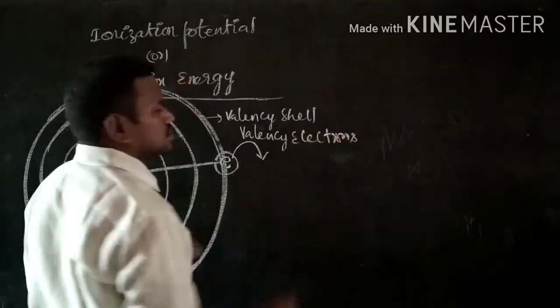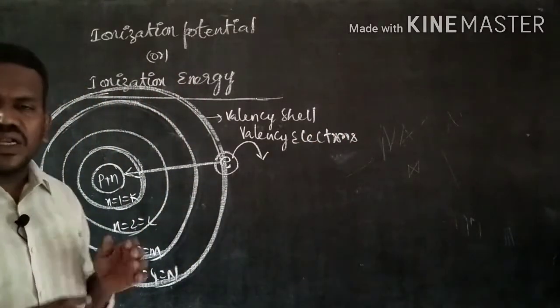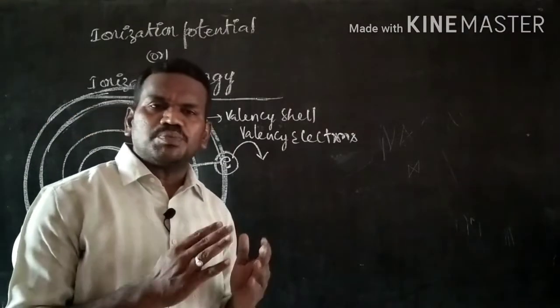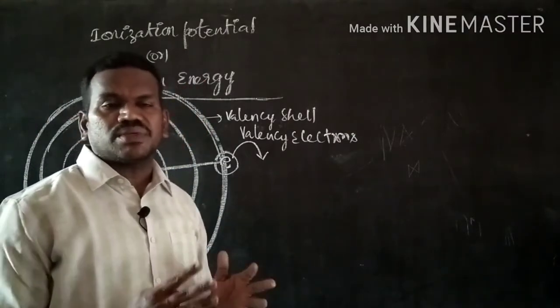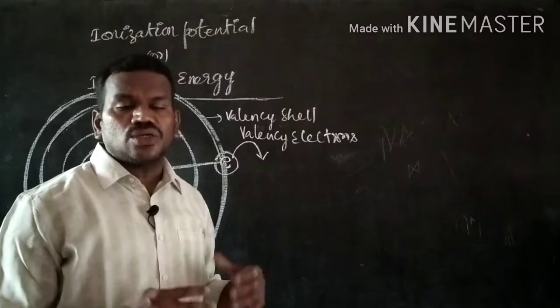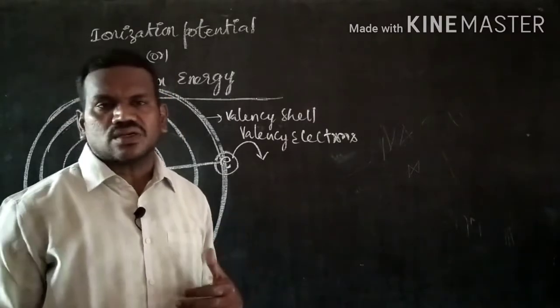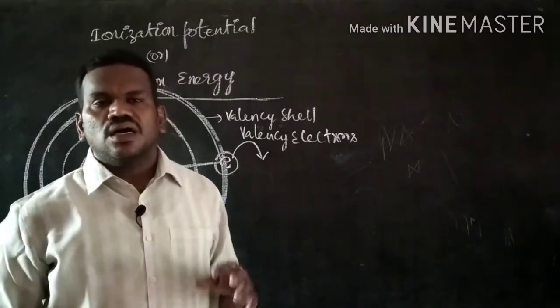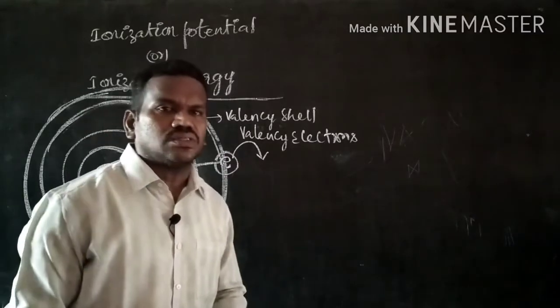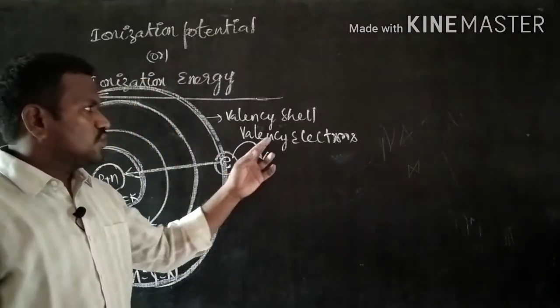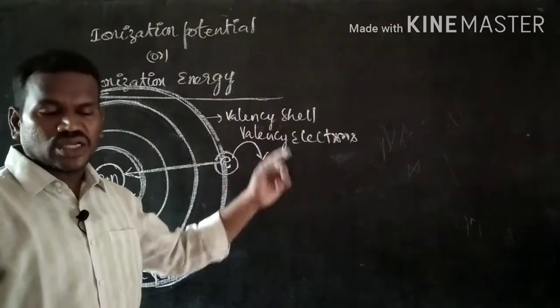When an atom is participating in a bond, sometimes atoms are ready to lose electrons, sometimes they are ready to gain electrons. This loss or gain of electrons takes place only in the case of the valency shell.